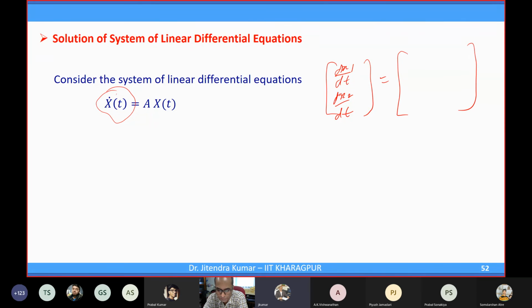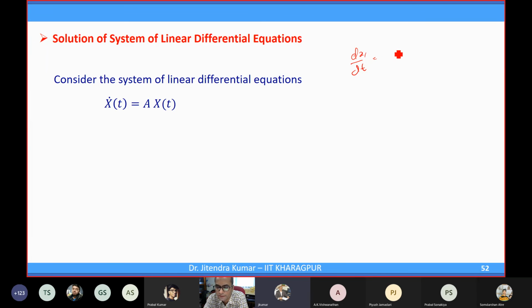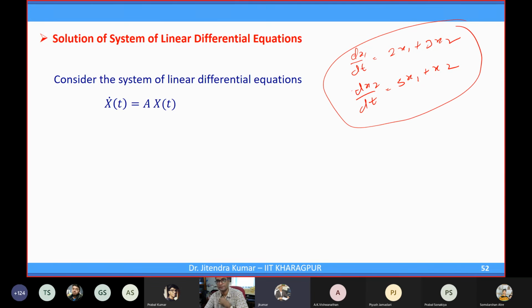First let me write it down without the matrix. We have two equations, for example; we can have 3, 4 or whatever. So dx1 over dt is 2x1 plus 3x2. Another equation, dx2 over dt, is 5 times x1 plus x2. We have a system of linear equations.